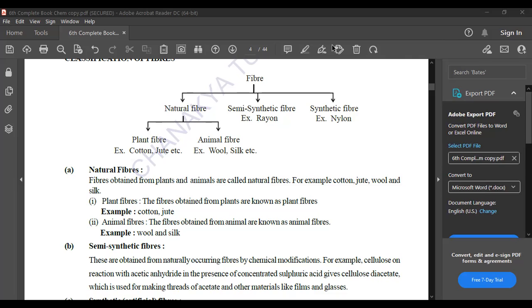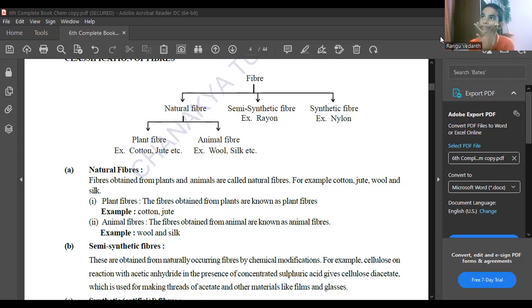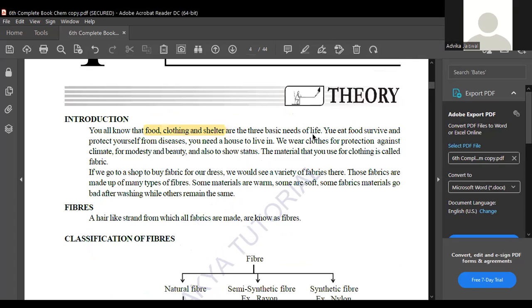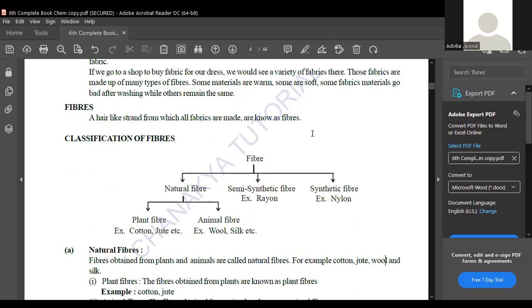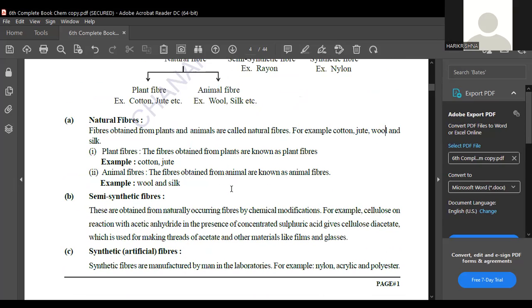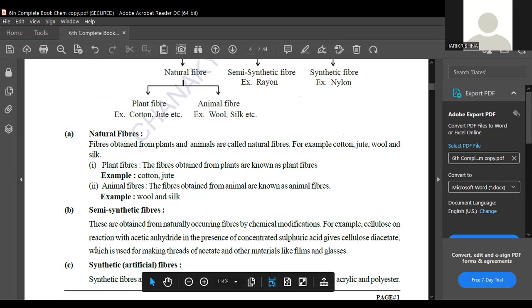Chemicals. Okay. Example is nylon. In the last line you can see, no sir, not in this, in semi-synthetic fiber. You're telling here? Yes, sir.